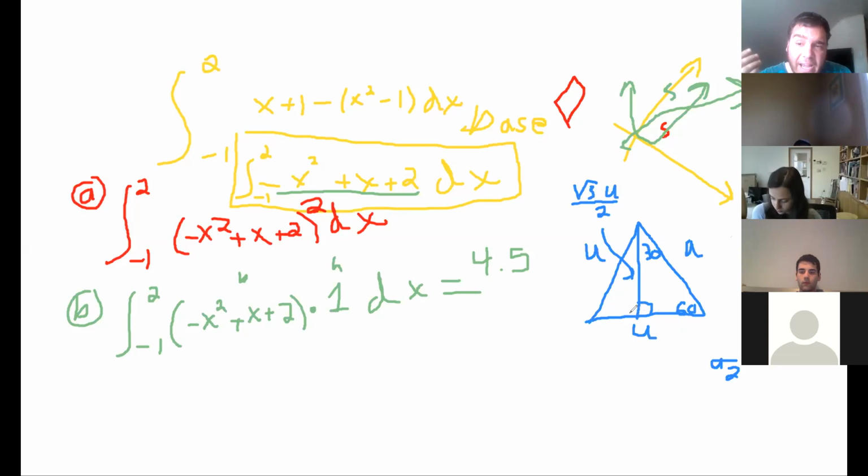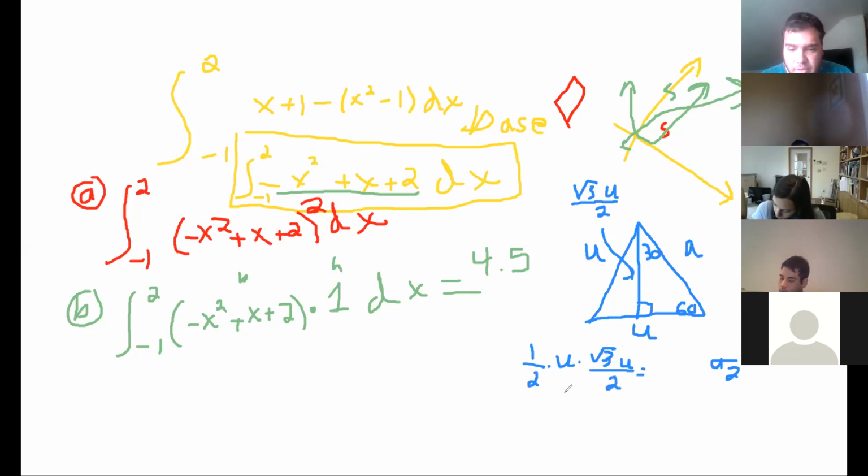So if we were to find the area of this triangle, it would be base times height divided by 2, or 1/2 base times height. So 1/2 times the base, which is u, times the height, which is root 3 u over 2. Make that a little simpler.